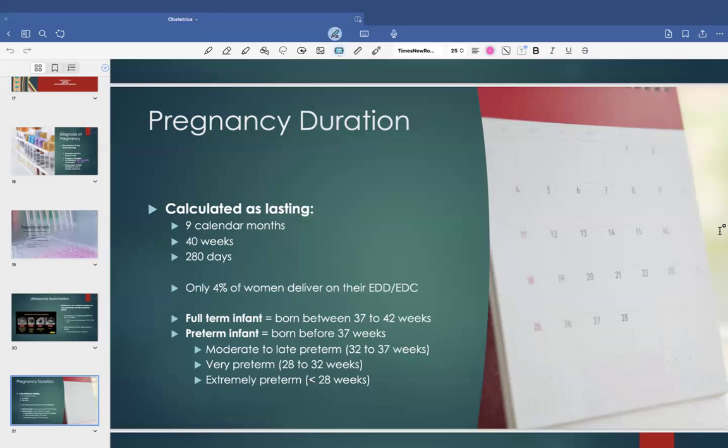And preterm infants are born before 37 weeks, and there are different levels of preterm. I need you to know full-term is born between 37 and 42, and preterm is born before 37. You don't need to get into the specifics for this, but you can take it to your clinic with you.